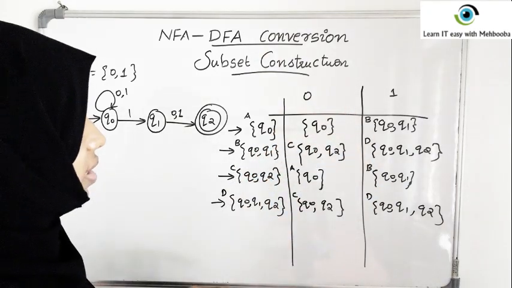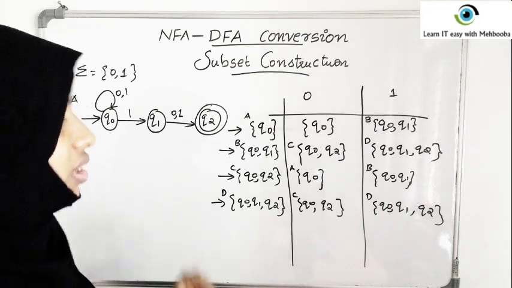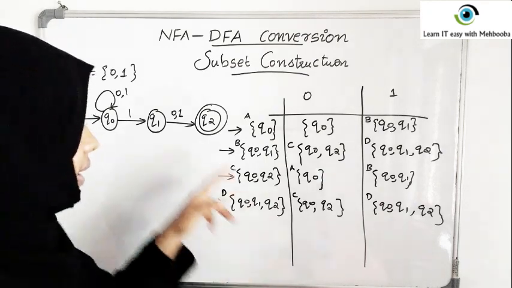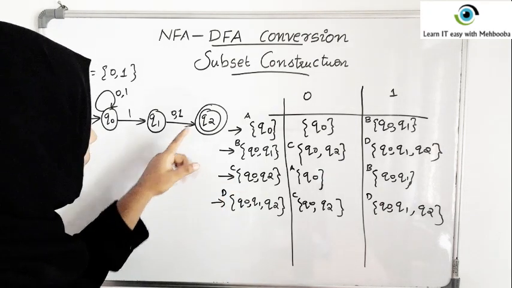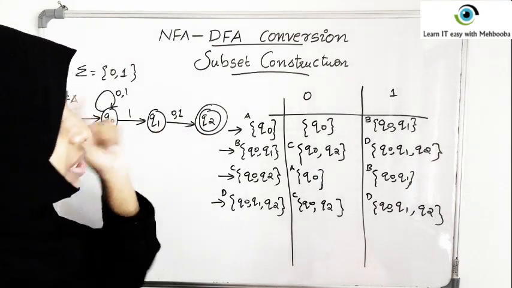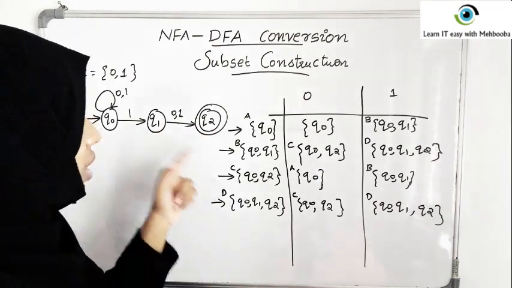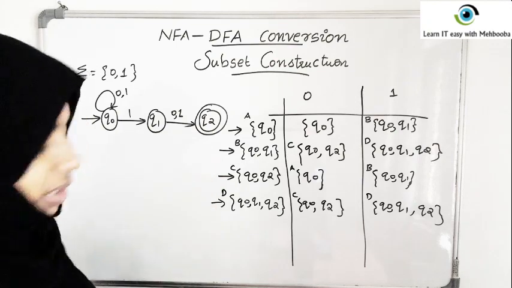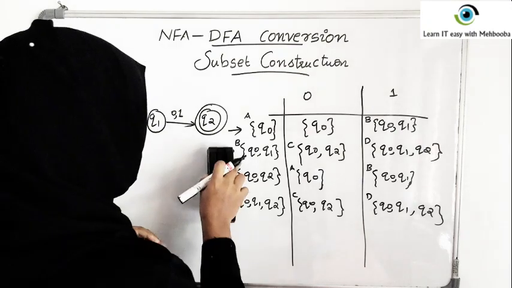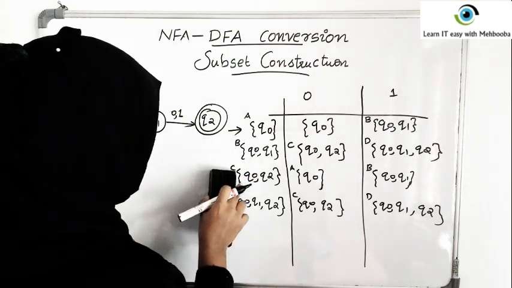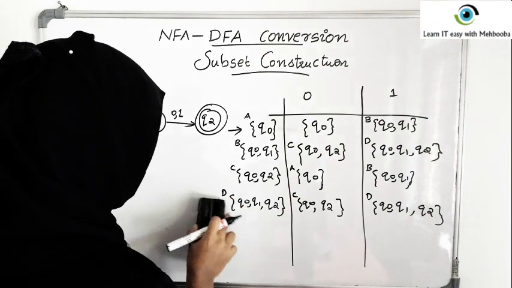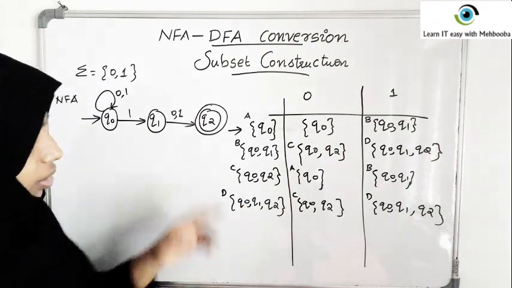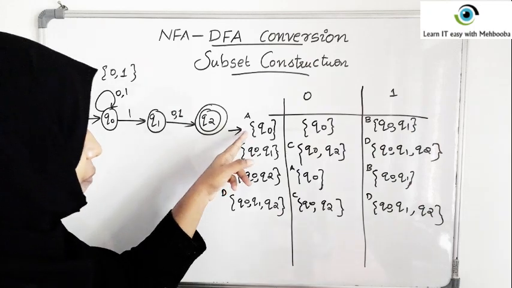Again, the final states are the set of states that contain the final state of NFA. The final state of NFA is Q2. So all the set of states that contain Q2 are the final states. Sorry, I have put this arrow unknowingly. This arrow will be put only for the start state.